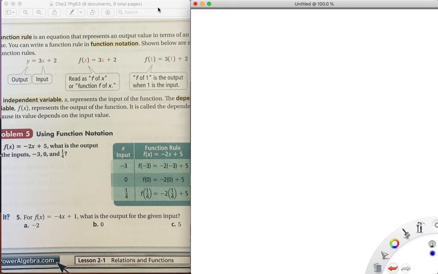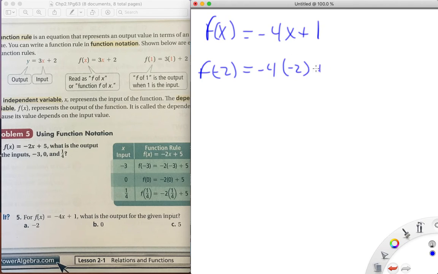So they give me f of x is equal to negative 4x plus 1. That's my function rule, and they want to know what is f of negative 2. So f of negative 2 is negative 4 times negative 2 plus 1, which is 8 plus 1, which is f of negative 2 equals 9. f of 0 equals negative 4 times 0 plus 1.